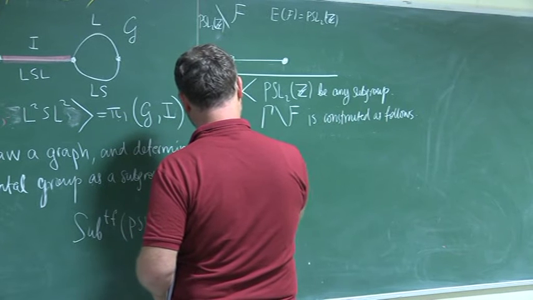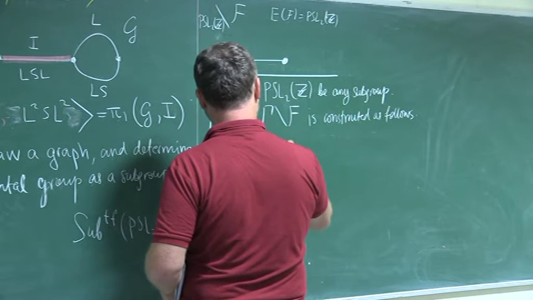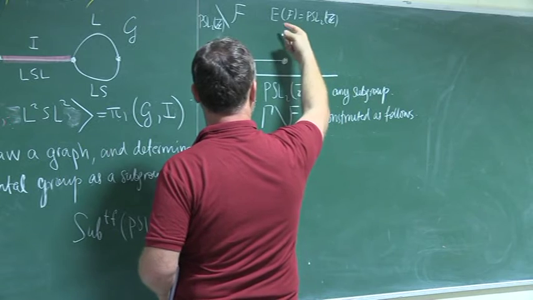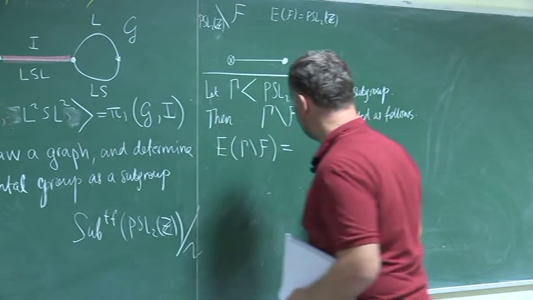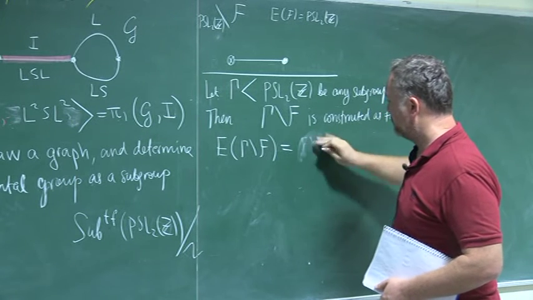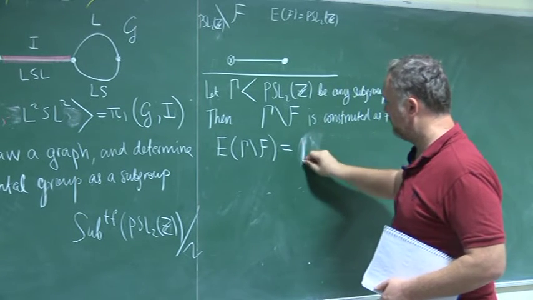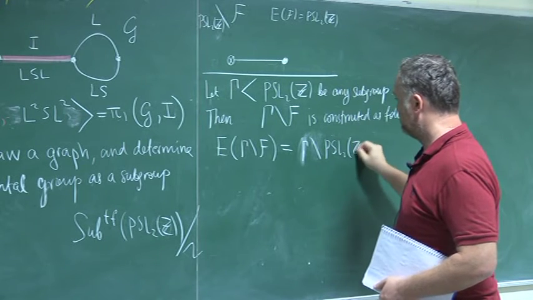First of all, the set of edges of F quotient gamma is going to be just the set of gamma quotient PSL2Z.